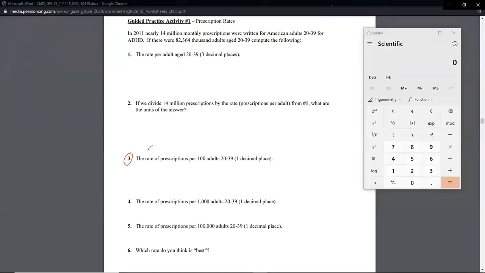The rate of prescriptions is not just the 14 million. The rate means there's 2 things, so it's comparing prescriptions to people. So it's 14 million prescriptions per 82,364,000, and I'm just going to write that number with all the zeros and everything.